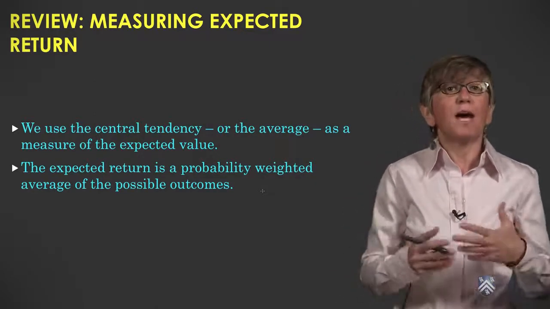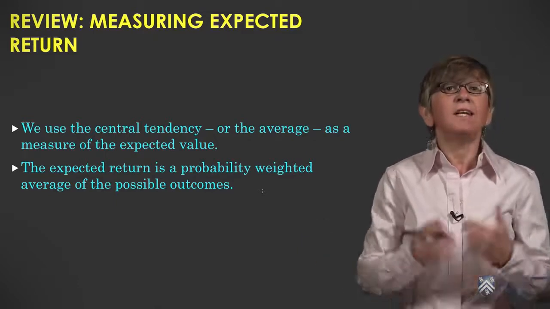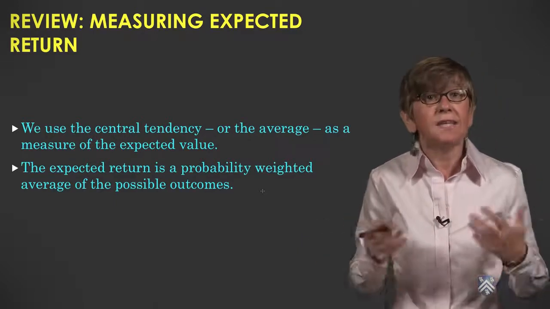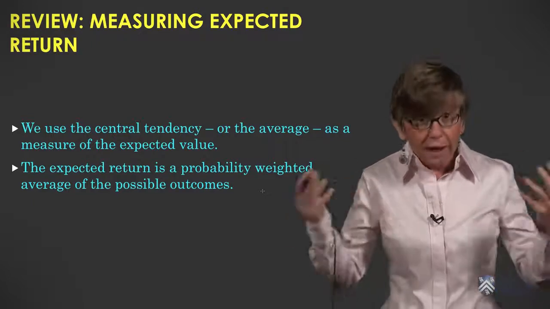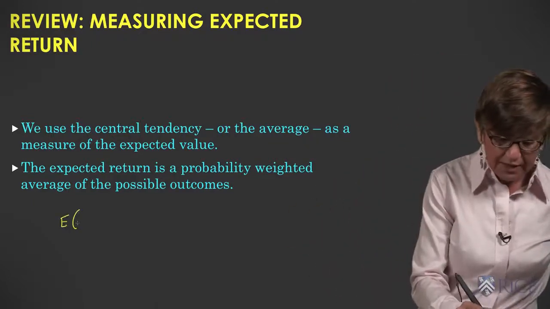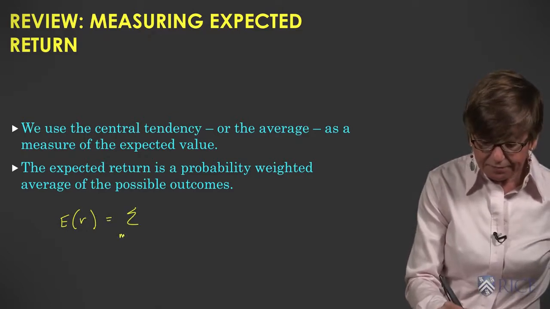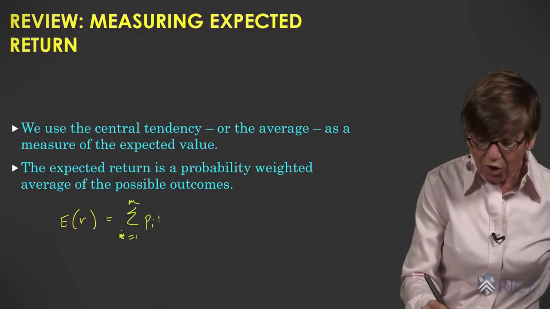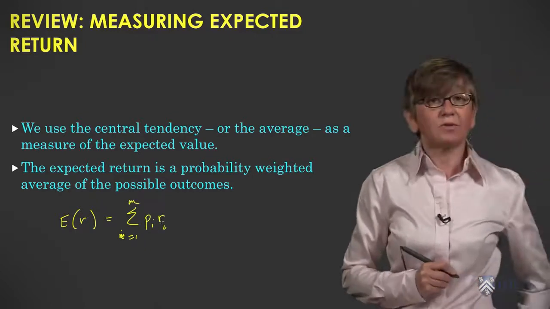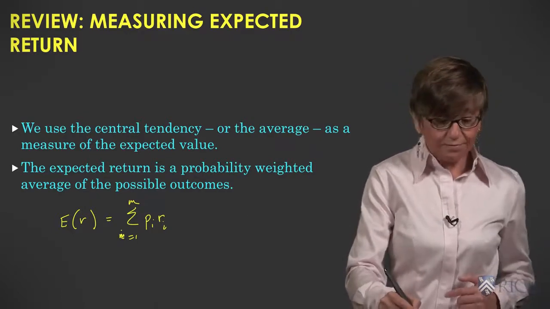So for example, if we had a probability distribution of possible outcomes, the expected return would be simply the probability weighted average of the possible outcomes. Okay, so let's do an example.